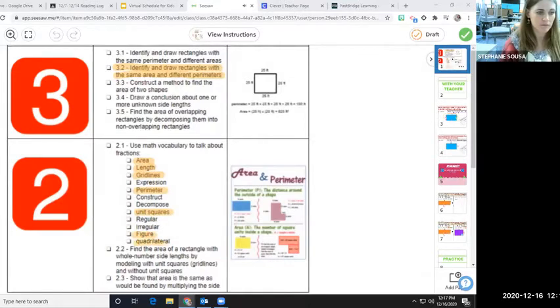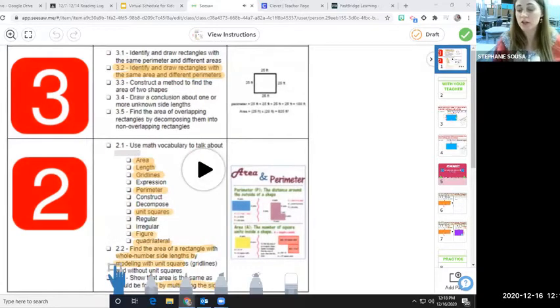Remember that rectangles are quadrilaterals. We also need to remember that you will be finding the area of rectangles with whole number side lengths by modeling with unit squares and by multiplying the side lengths. Yesterday, you were asked to set a vocabulary goal.